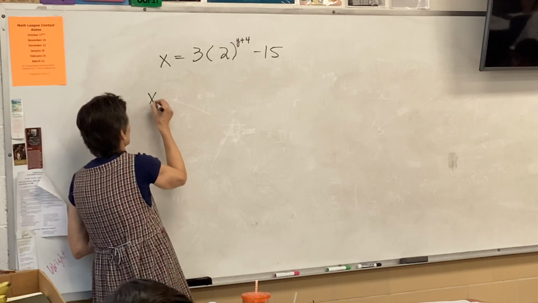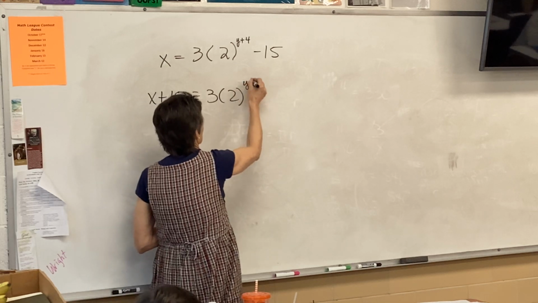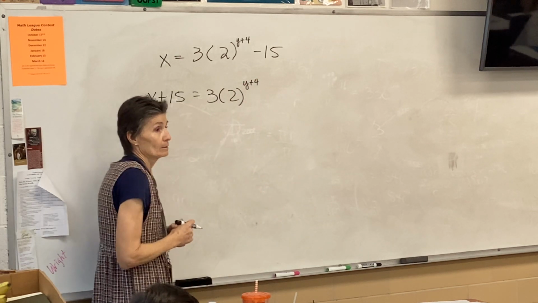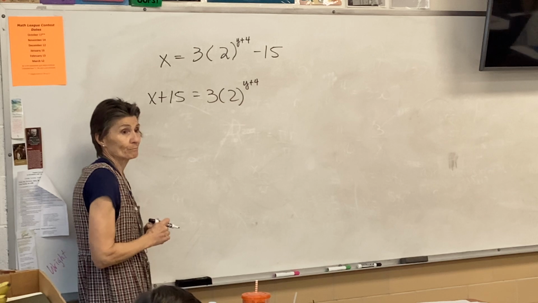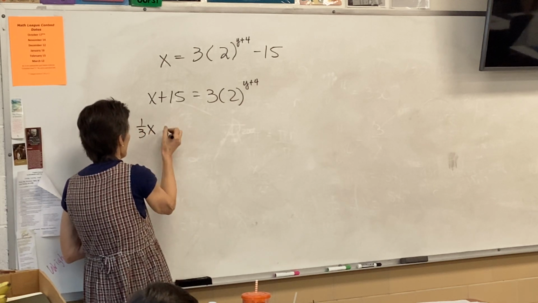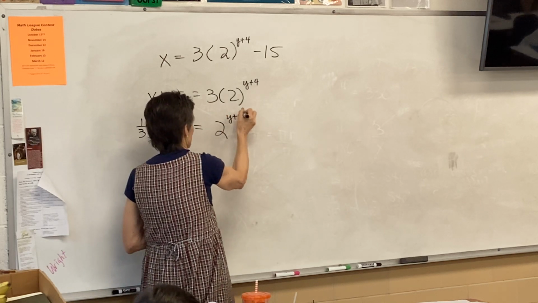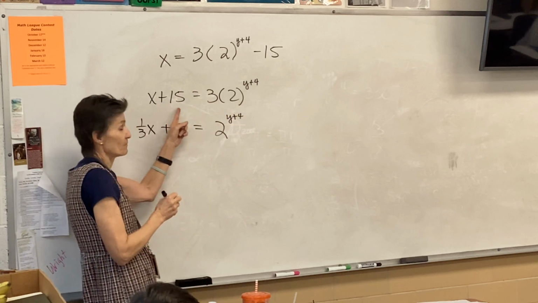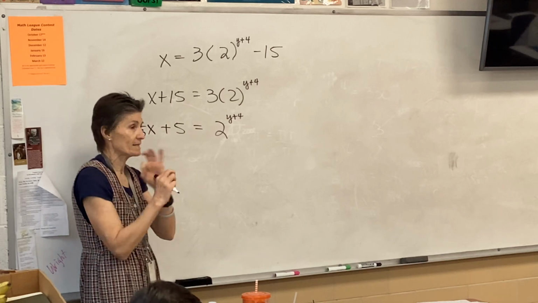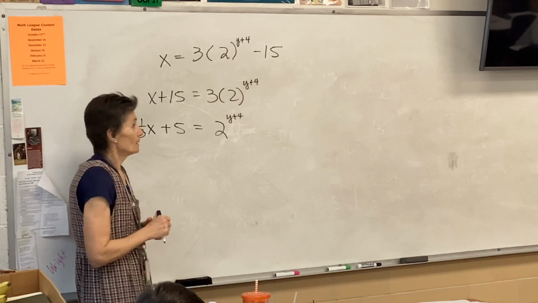Add 15. Now what? Divide by 3. So I'm going to make that 1/3 x plus 5. You certainly could leave that as x plus 15 over 3 if you wanted to. It makes 0 difference. So whatever you're most comfortable with.